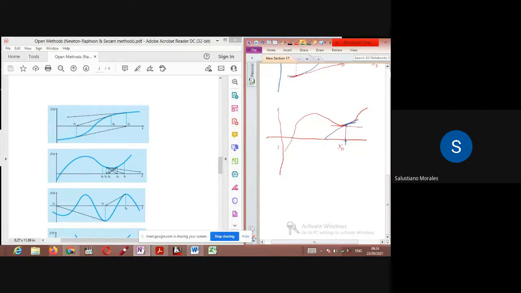And then so this is our x1. Then meron naman tayong point dito. It goes again there. And then another point here. Then again it goes here. So hindi tayo makalayo dito. So ganun ang mangyayari if that is the case.